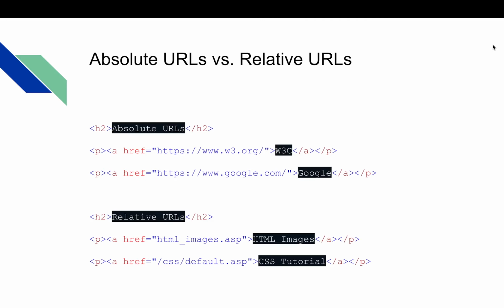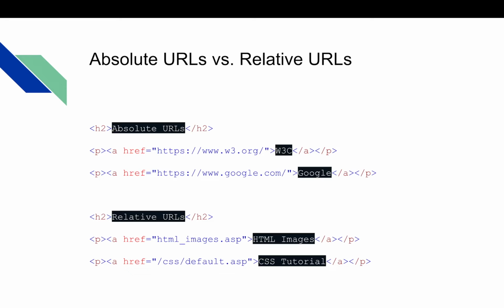So we have absolute URL and relative URL. You see the absolute URL now. We have a p tag with an anchor element which has an href attribute. So we have https://www.w3.org, right?